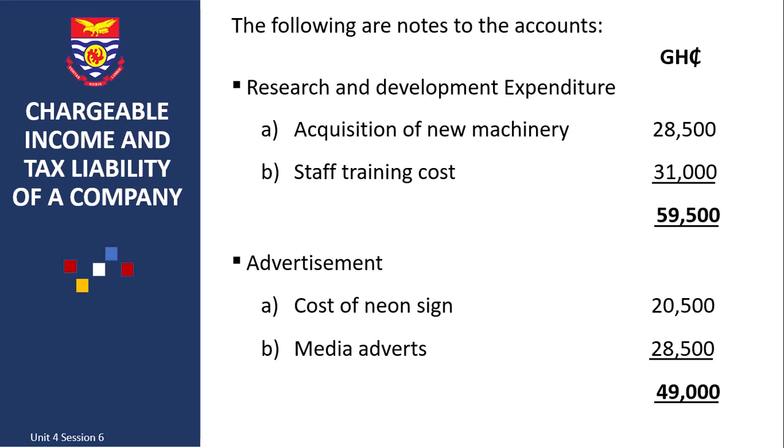We know the acquisition of machinery is disallowed and the training cost is allowed. Advertisement: cost of neon sign, 20,500, media advert, 28,500. Media advert is allowed, cost of neon sign is disallowed. It's of capital nature, same for the acquisition of machinery. They are all of capital nature, so they are disallowed.